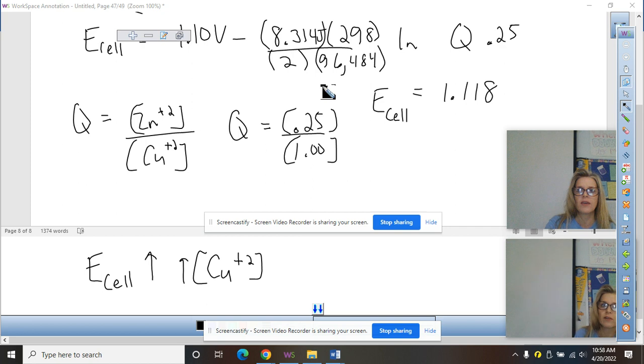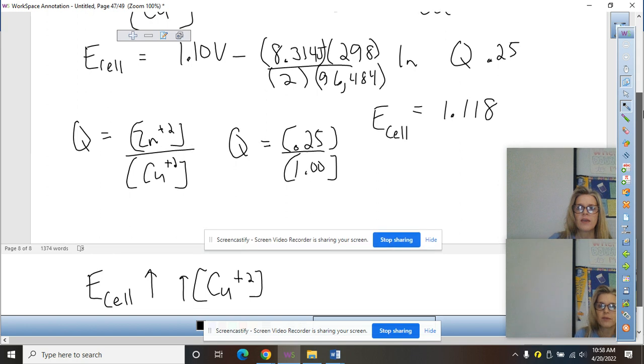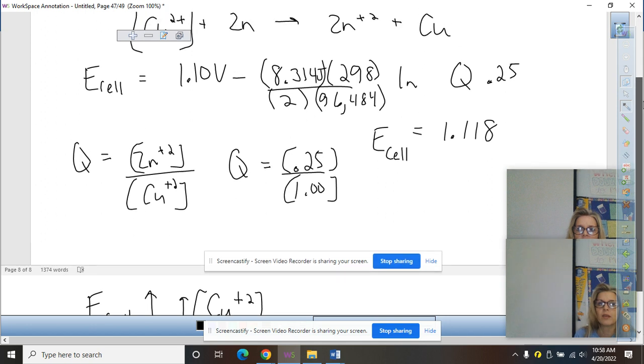They actually don't require that you use the Nernst. You can use it if you like, but the easiest way to look at it, if they give you a free response where you have to talk about standard versus non-standard conditions, it would be a good idea to use that formula to help you when you're describing what's happening.